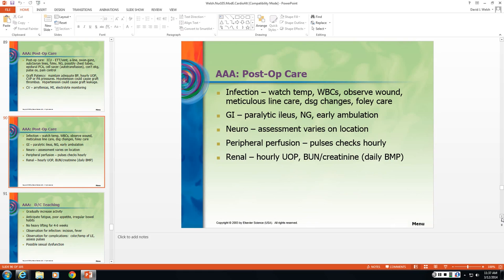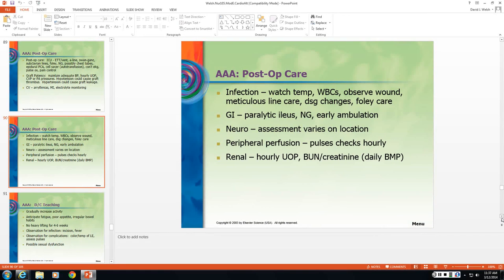GI-wise, you want to look for any kind of paralytic ileus. You're going to have an NG tube inserted in them probably, and you want to try to get them up for early ambulation to promote their GI waking up.